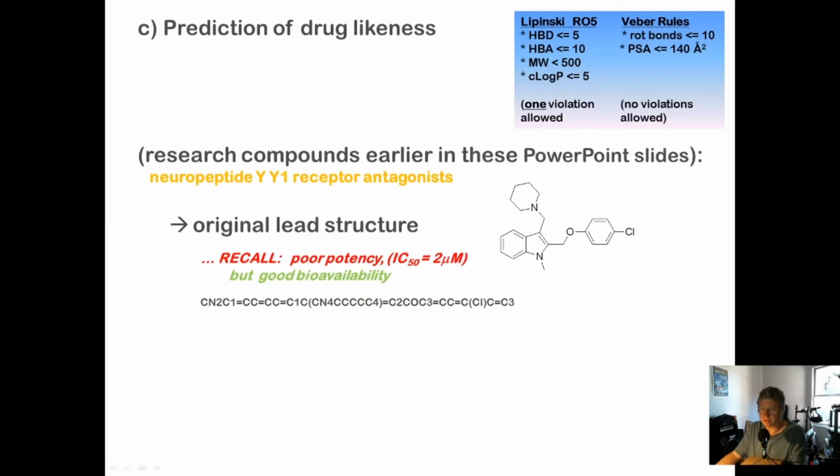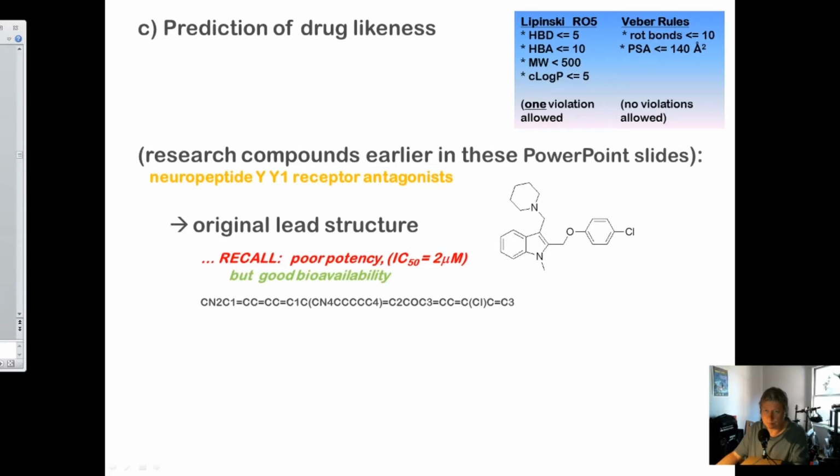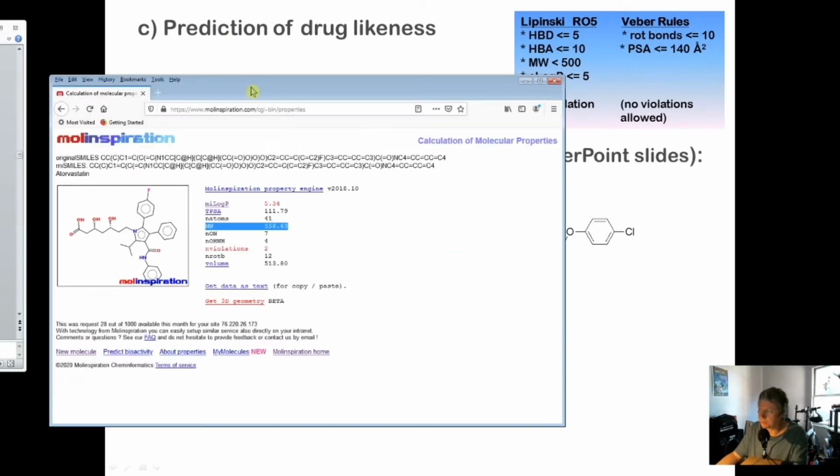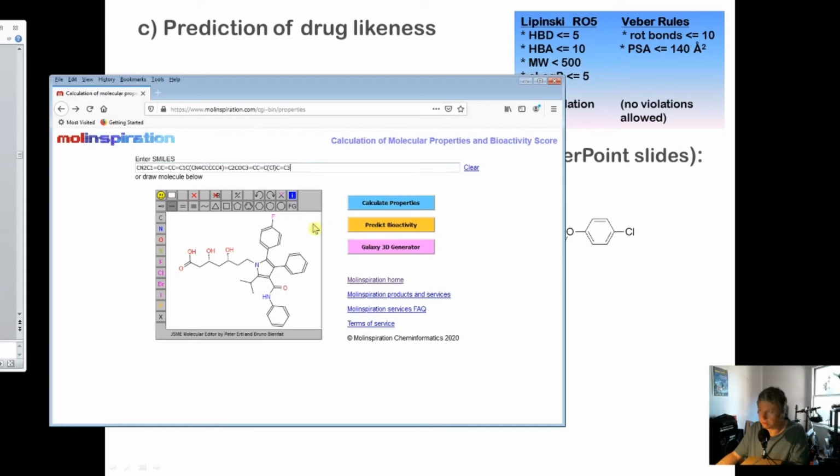So what I'm going to do is copy the SMILES string. I determined the SMILES string for us. Let's get back into the Molinspiration tool, paste the SMILES, calculate properties.